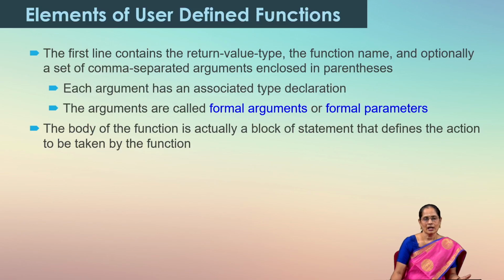Whatever values we are enclosing within the parentheses we call arguments. The arguments in the function definition are called formal arguments or formal parameters. The function body will be using the formal parameters, whose values are taken from the function call, and it executes the block of statements having that input from the formal arguments.